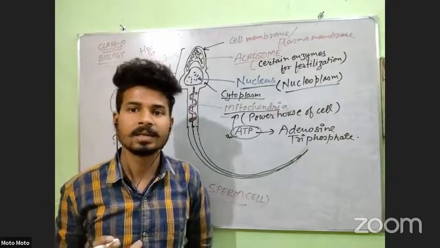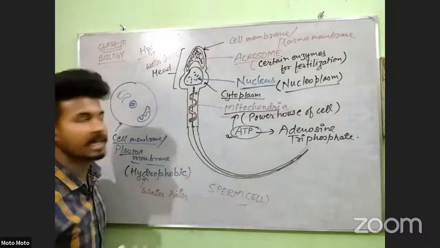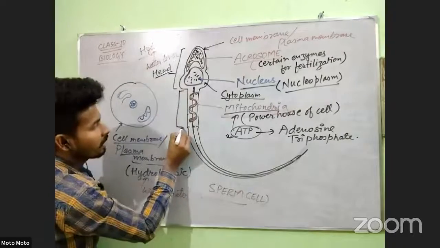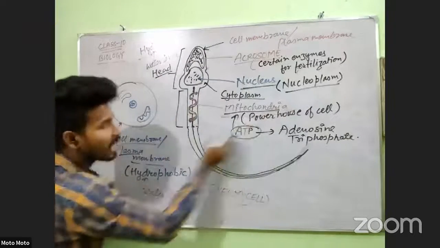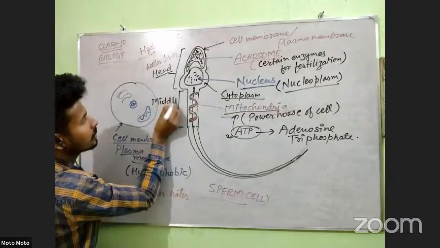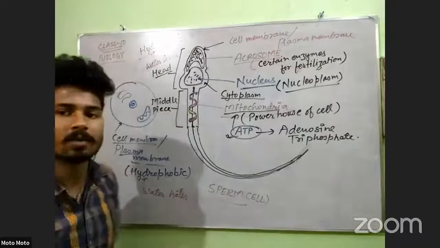In the same way, the sperm is divided into three sections. The upper section is called the head, and the middle section, till where the mitochondria is present, is called the middle piece. Middle piece of sperm carries mitochondria. Are you clear? Yes, sir.